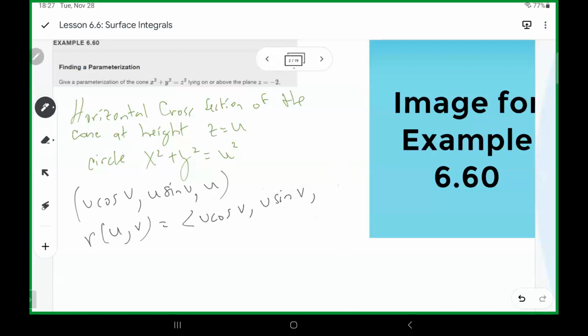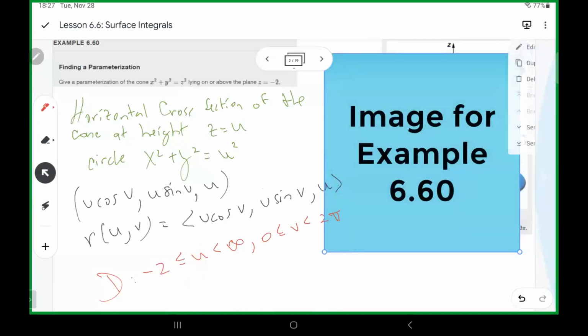Having a hard time with the writing right now. Since we are not interested in the entire cone, only the portion above the plane z equals -2, the parameter domain is given by u from -2 to infinity, and v from 0 to pi.